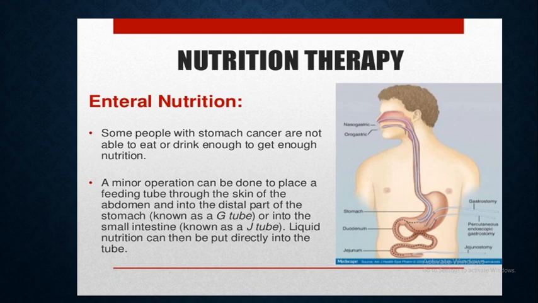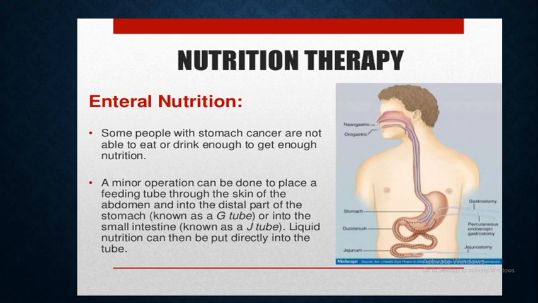Nutritional therapy: how to give supportive care by nutrition. The main point is enteral nutrition, as we know. Some people with stomach cancer are not able to eat or drink enough to get enough nutrition. Stomach cancer or anything related to the GI tract, especially the upper GI tract, esophagus or stomach, makes it difficult to get enough to eat or drink.